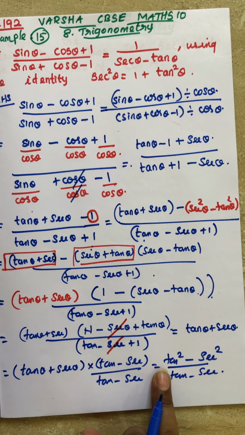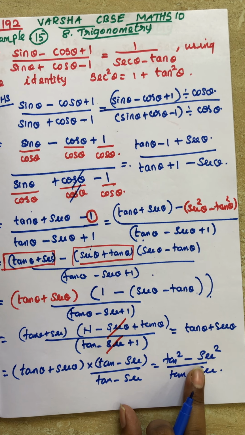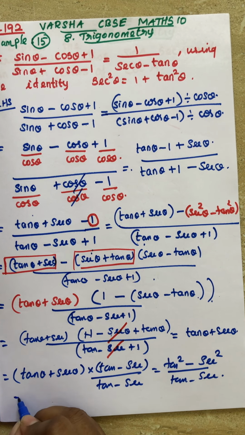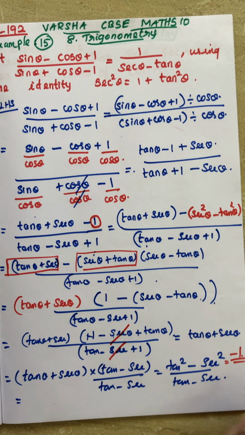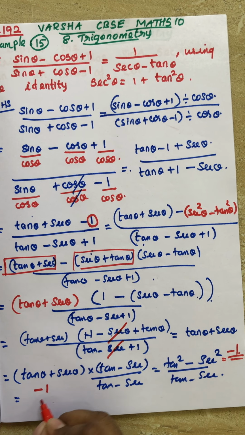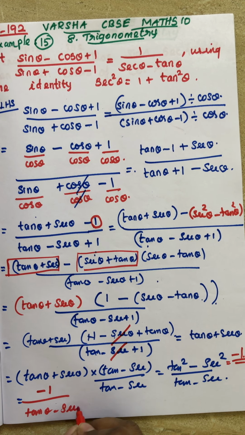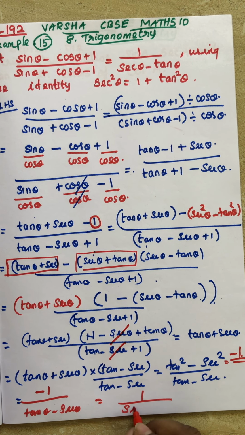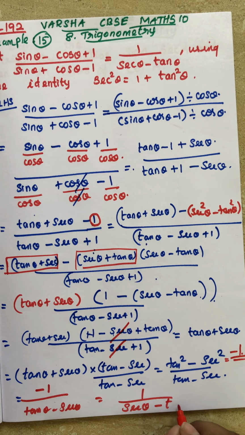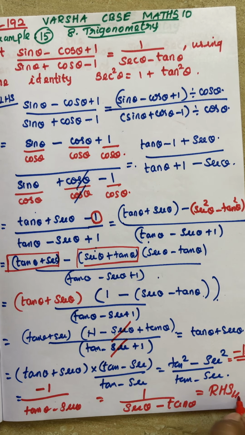So, what is the tan square minus secant square, students? Tan square minus secant square will be minus 1. So, minus 1 divided by tan minus secant. If you take the minus sign into the denominator, you will get secant minus tan. So, this is your RHS.